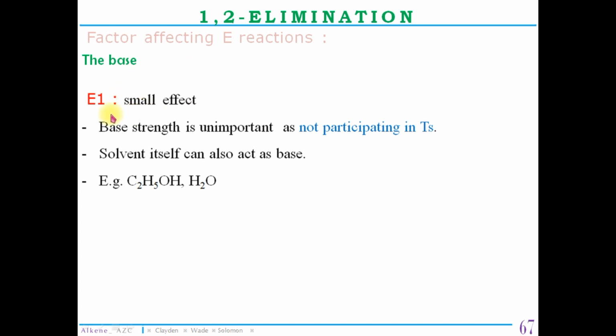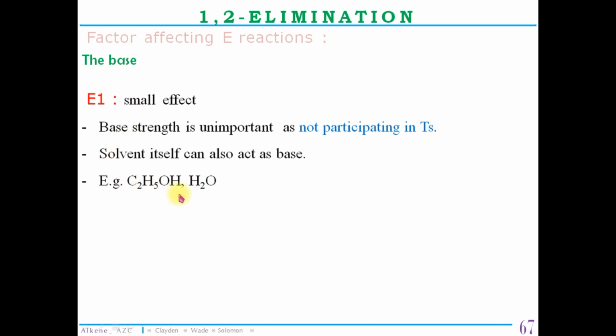Base has a small effect in the E1 mechanism. Base strength is unimportant as it does not participate in the transition state. So normally the solvent itself can also act as the base in the E1 mechanism.